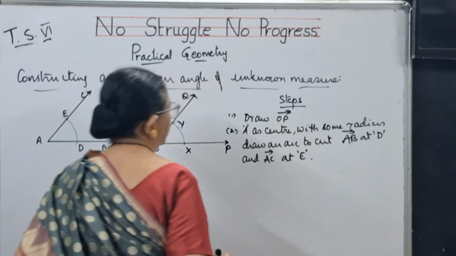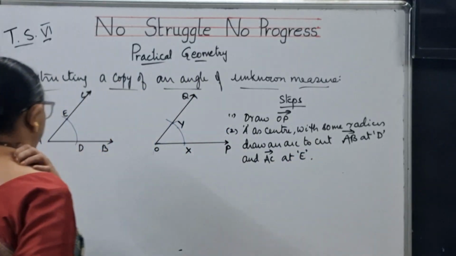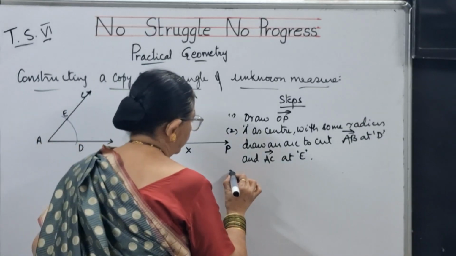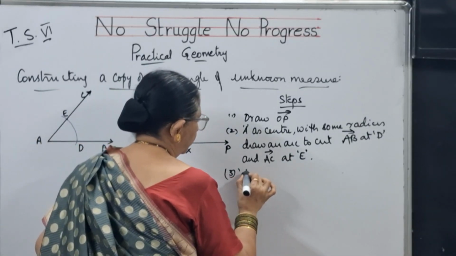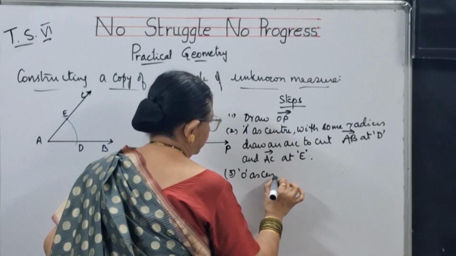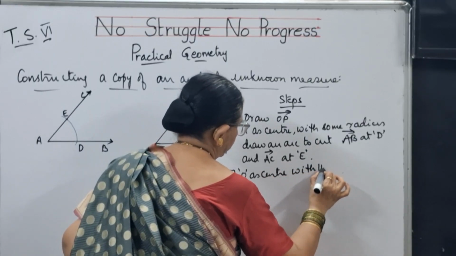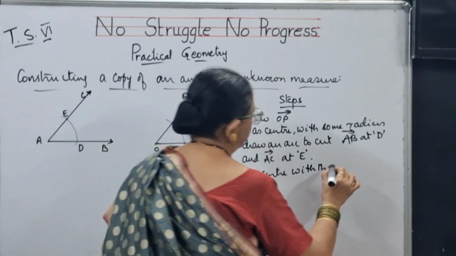So this is what you have done, second point. And the third one: O as a center with the same radius.